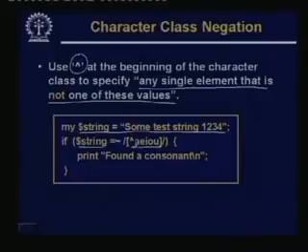Now, since it is a negation, it will get a match in the first symbol itself, S, because S is not one of these, right. So it will return a match in the first symbol position itself and it will print the message. In this example just note one thing, that it is trying to find the first match it can get in the string, not trying to determine all the matches in the string.